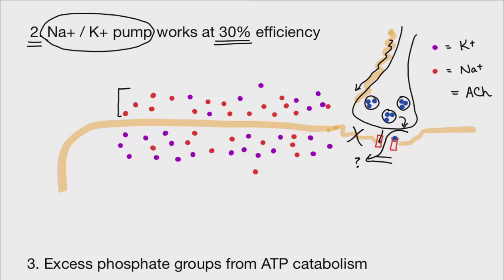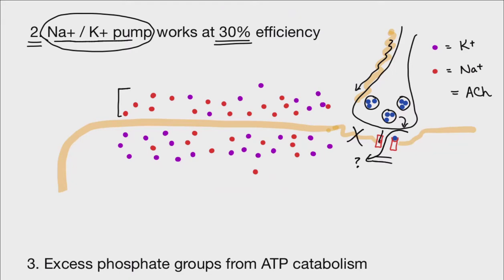If no action potentials happen, there's no calcium released. If there's no calcium released, then there's no calcium binding to troponin. And if there's no calcium binding to troponin, cross bridges are not happening. So this is kind of an extreme example of what would happen if the sodium-potassium pump just completely stopped working. There would be no action potentials, and therefore there would be no cross bridges. You would have no tension, zip zero.